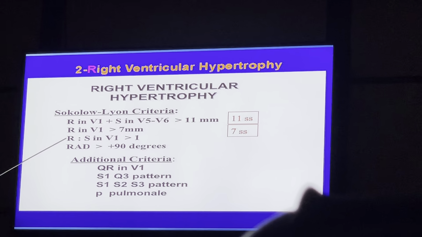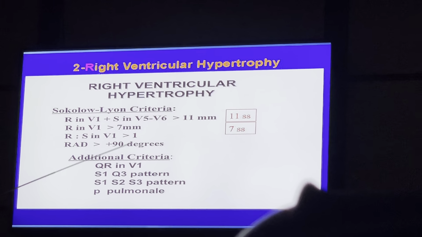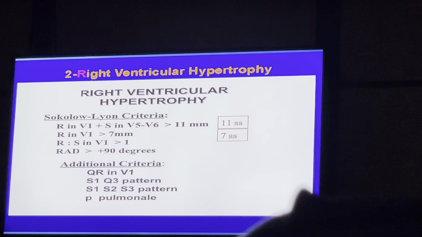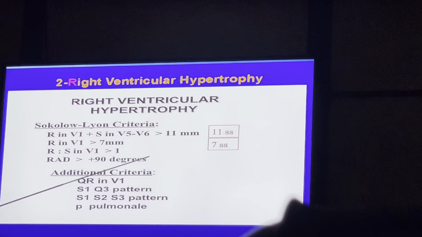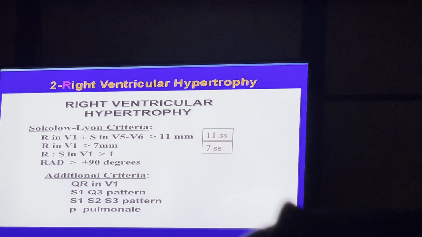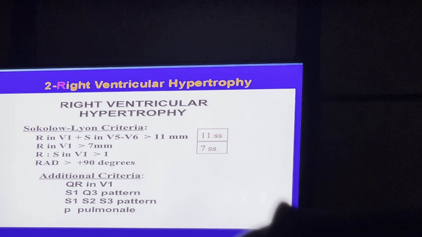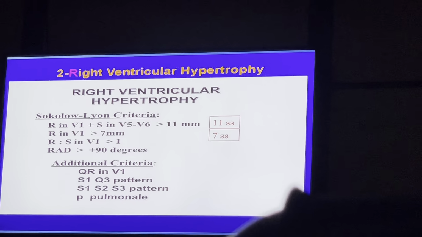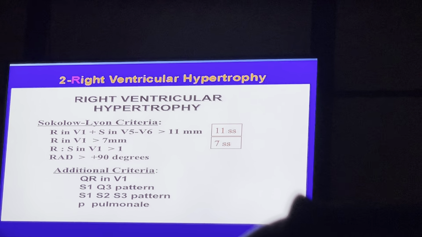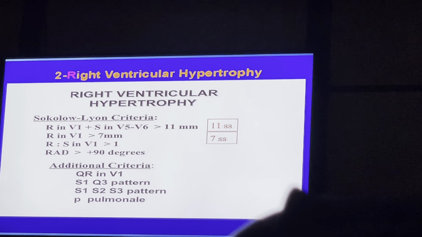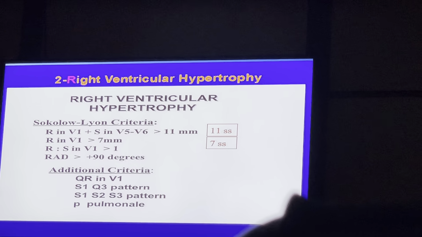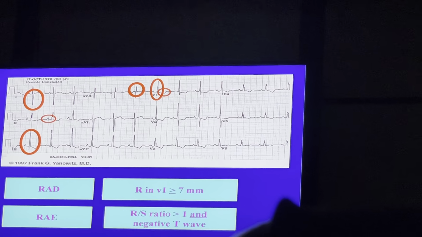The simple one is when R is more than S in V1, it is right ventricular hypertrophy, or the R wave in V1 is more than 7. Along with that there is right axis deviation, because when there is right ventricular hypertrophy, the mean axis shifts from left to right.